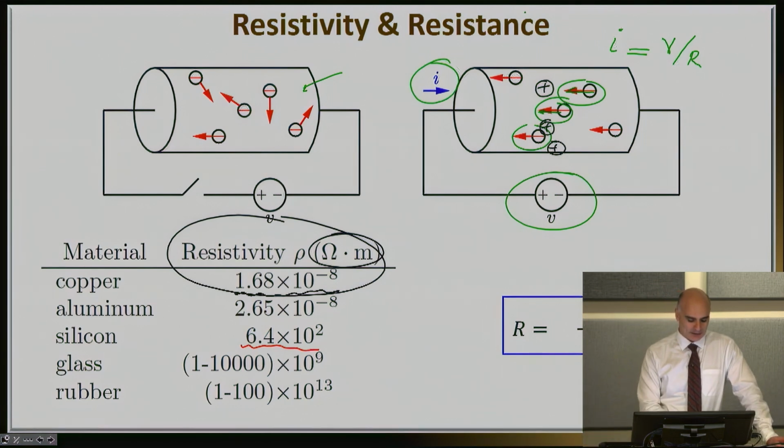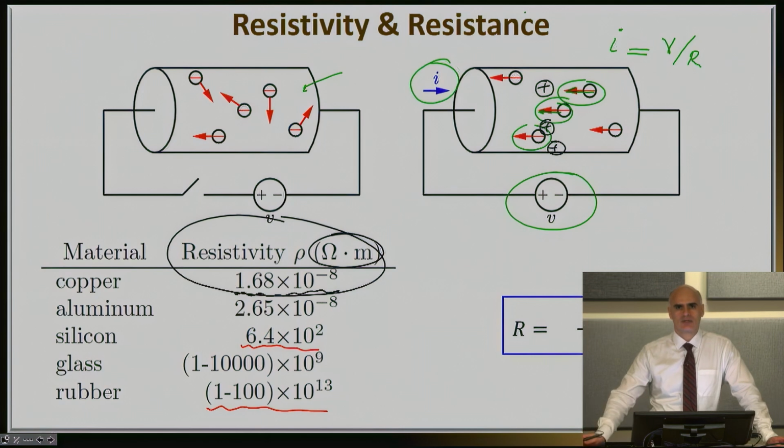While other materials, for example, rubber, have such high resistivity that they're practically insulators, which means that no matter how much voltage you apply, you will get almost no current flow through it, or negligible current flow.